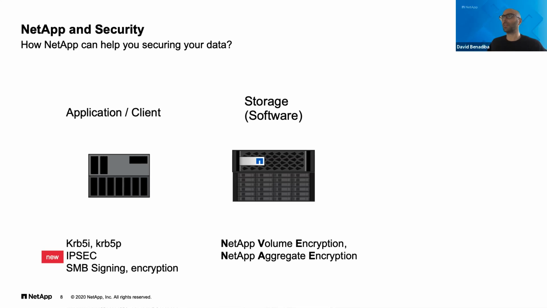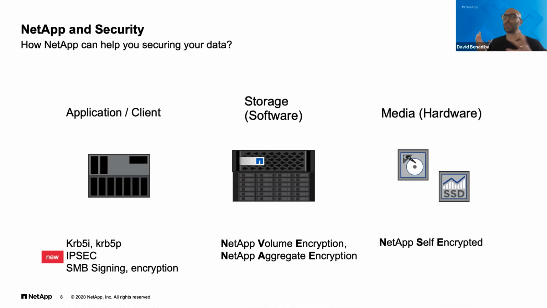We have also what we call encryption at rest. And the encryption at rest at NetApp can be done in software mode or in hardware mode. The software mode is what we call NetApp Volume Encryption or NetApp Aggregate Encryption. We're going to see the difference in the next few slides.